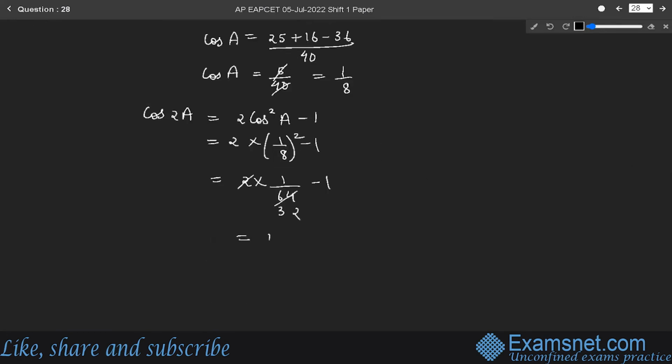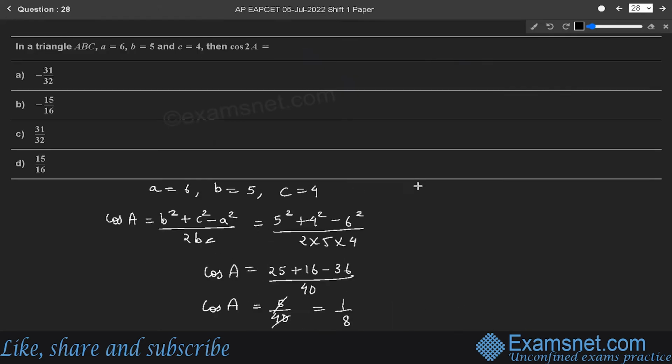So it will be 1 upon 32 minus 1, which is equal to (1 minus 32) divided by 32, which gives minus 31 upon 32. Therefore, we can say that the value for cos 2A is minus 31 upon 32. So option A is the correct option for the given question.